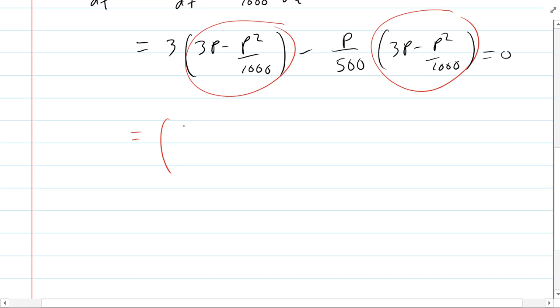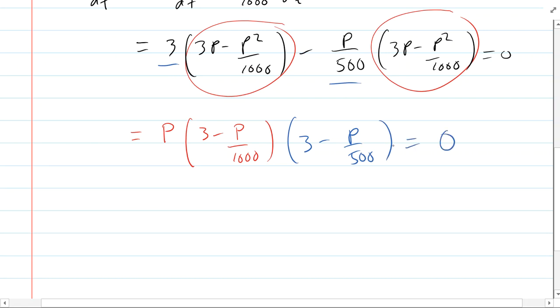So if I factor this, first off, is there a p? And then is there a 3 minus p over 1,000? Are those both factors? And then what's left over for this term: this 3 and this are left over, so it's 3 minus p over 500. Right? Are those all my zeros? There are 3 zeros. 2 of them don't matter. 2 of them are endpoints.